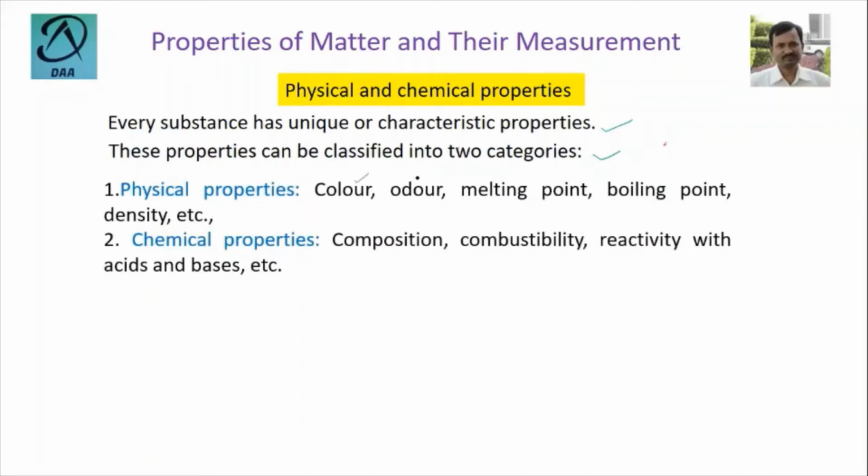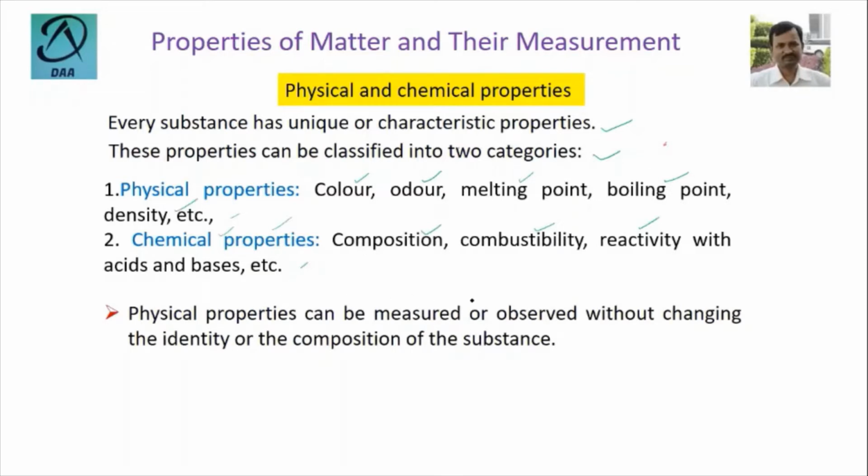That means color, odor, melting point, boiling point, density, etc. And another property is its chemical properties. That means composition, combustibility, reactivity with acids and bases, oxidation, reduction, etc.